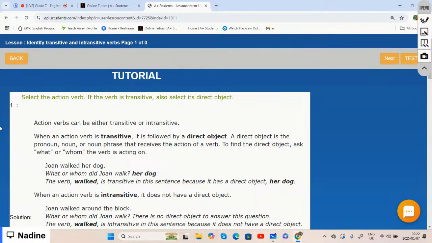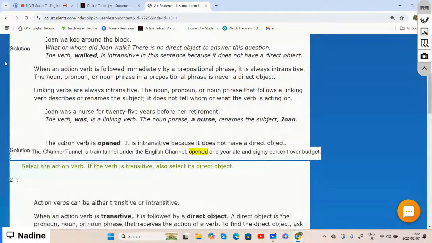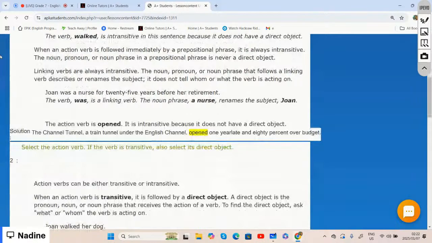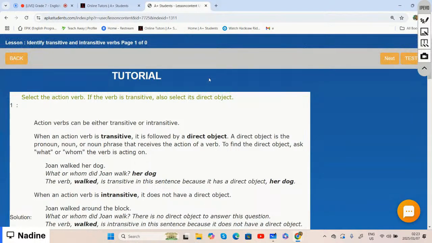Remember, when a verb is transitive, it is followed by a direct object, and when it is intransitive, it is not followed by a direct object. Now we're going to our test, where we identify whether it is a transitive verb or an intransitive verb.